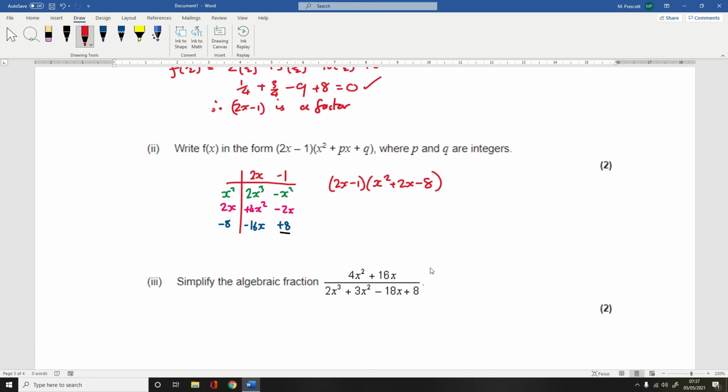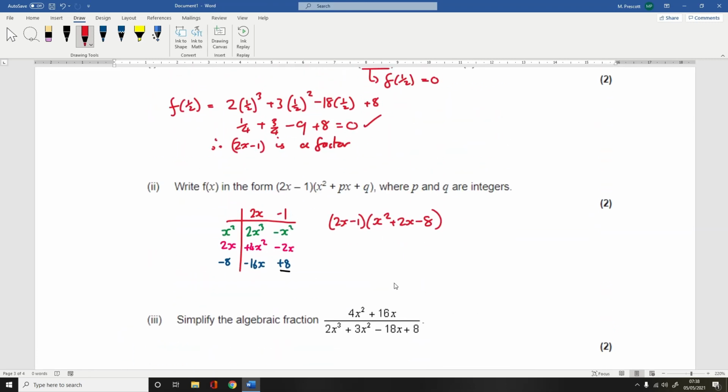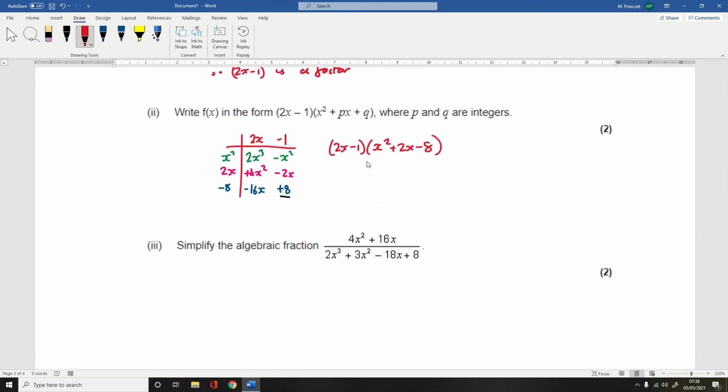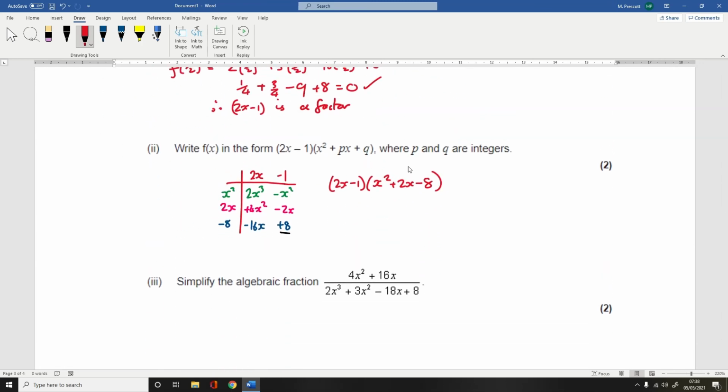And then we've got a hence to this where we've got to do things with it. So the first thing we want to do is simplify an algebraic fraction. Now this thing on the bottom of our algebraic fraction is exactly what we've just factorized. And I will point out that I think we can factorise this a bit further, can't we? So this isn't actually part of part 2, but we're going to use it, so let's do it. We can factorise that into plus 4 and minus 2.